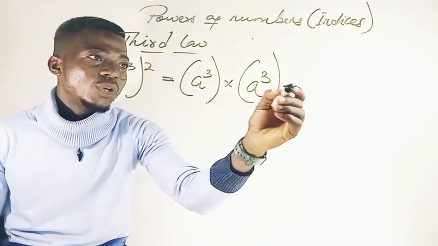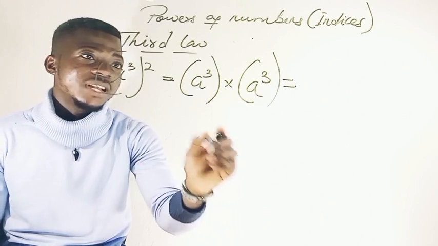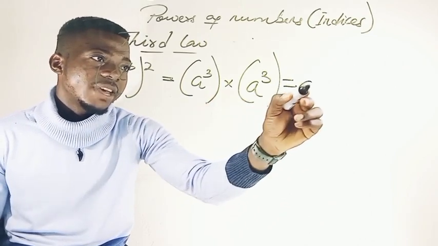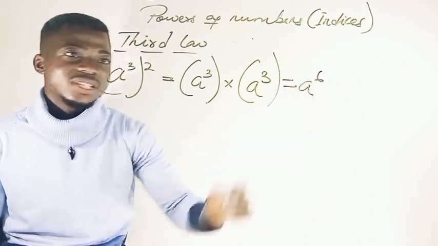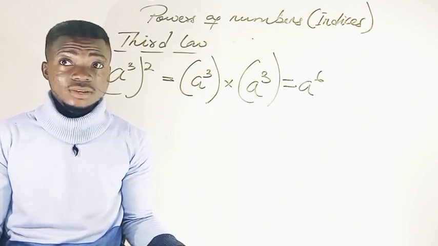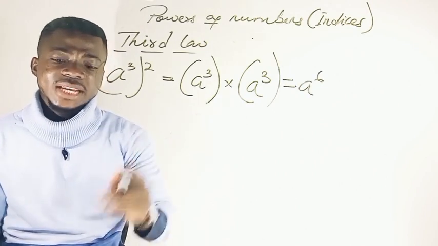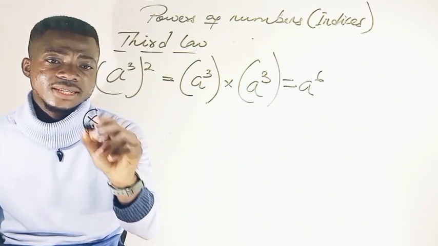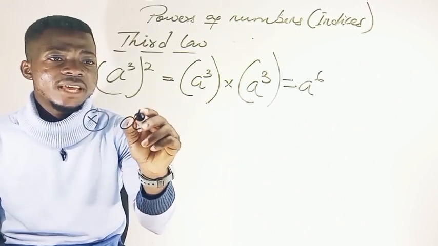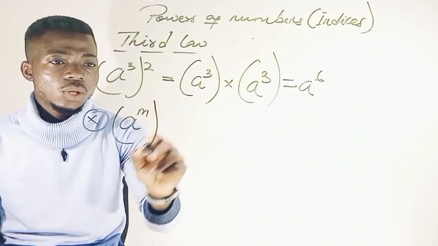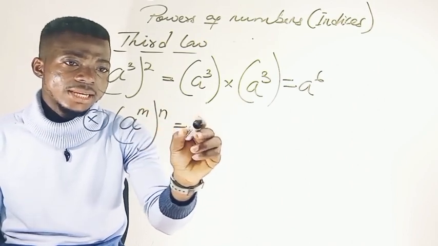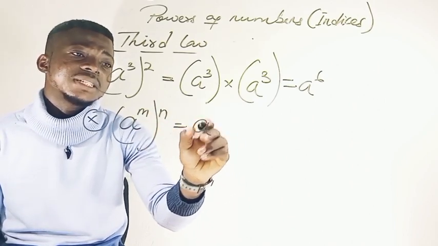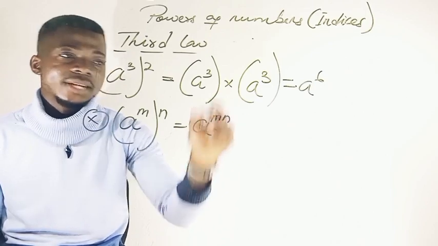And now, using the first law of indices, this is a, this is a, so we have a exponent 3 plus 3, which is 6. So from this, we can deduce our third law. And the third law goes like this: if you have a exponent m, all raised to the power n, then the answer is a exponent mn.